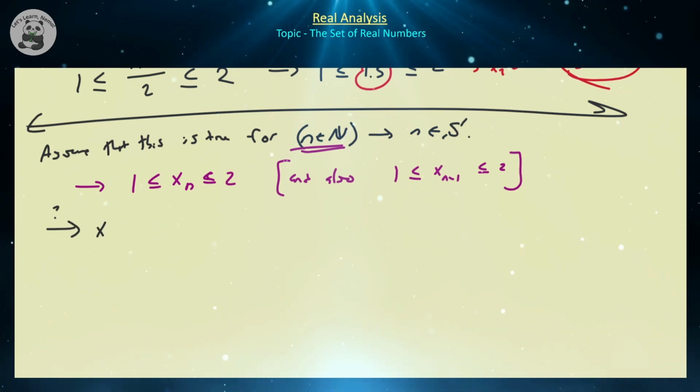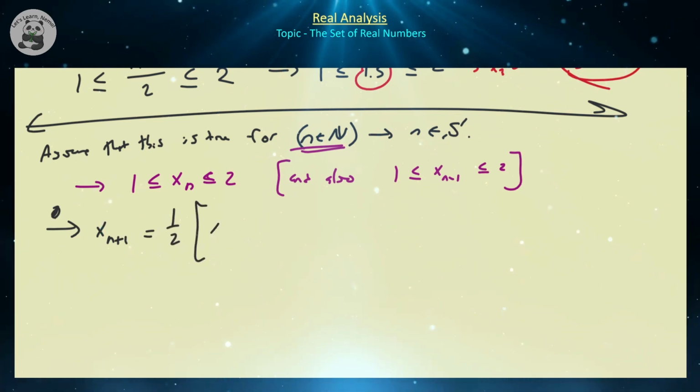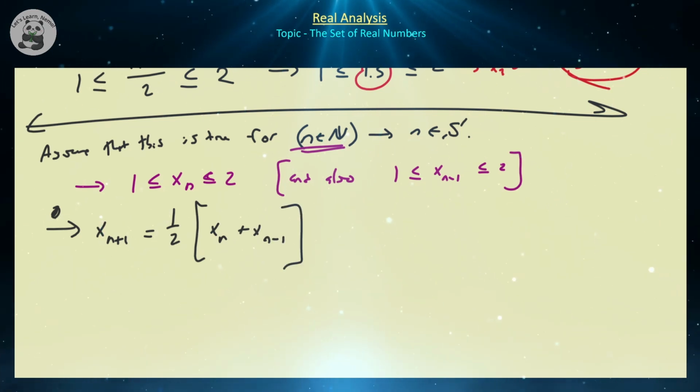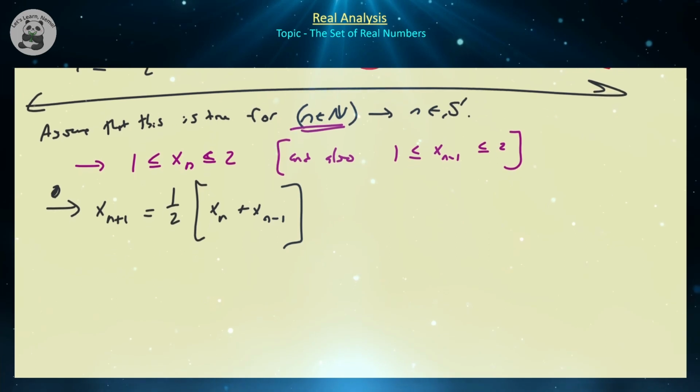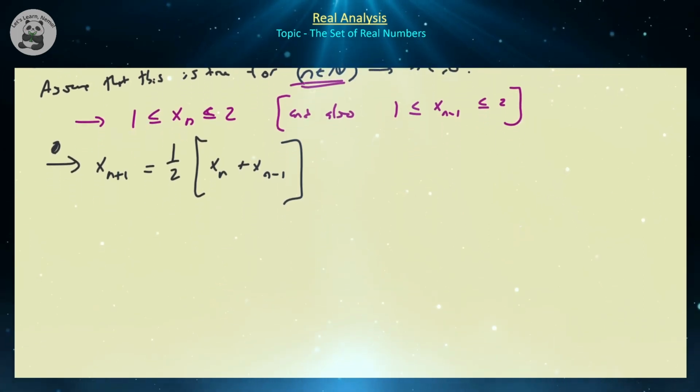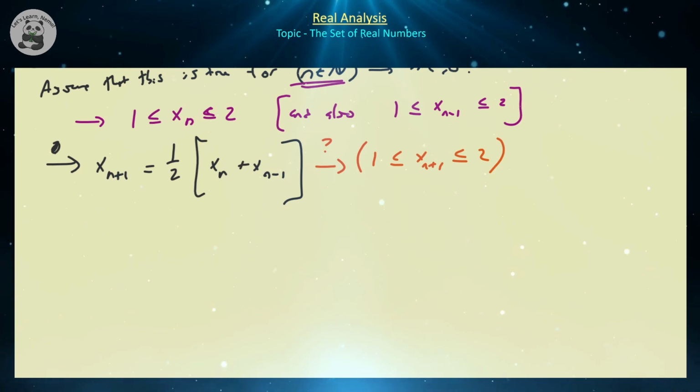By definition, we know that x_{n+1} is equal to the average of the preceding two terms, x_n and x_{n-1}, right? So this by definition is true. And we just need to show that this is between 1 and 2. So does x_{n+1} belong to 1 and 2?